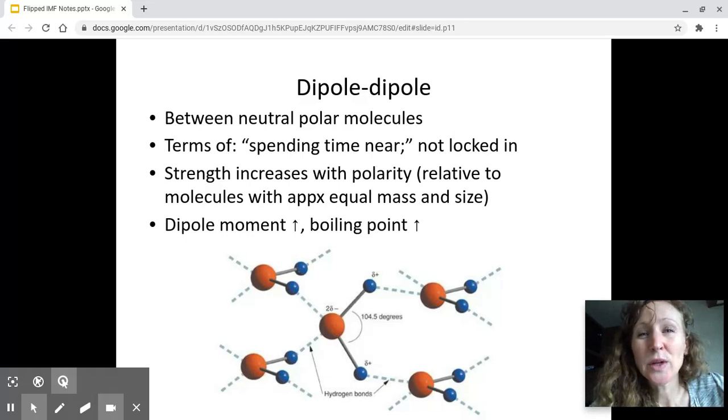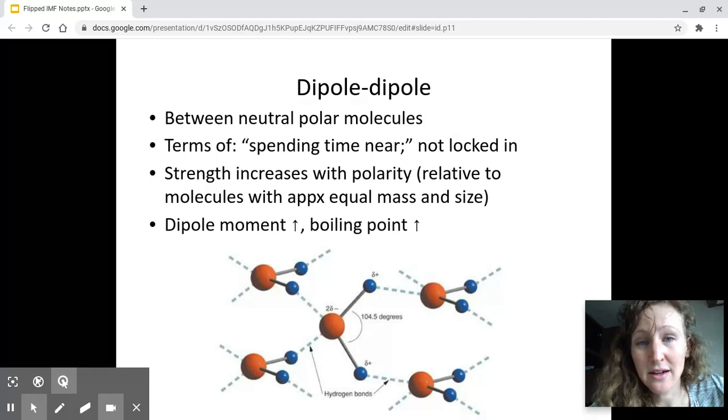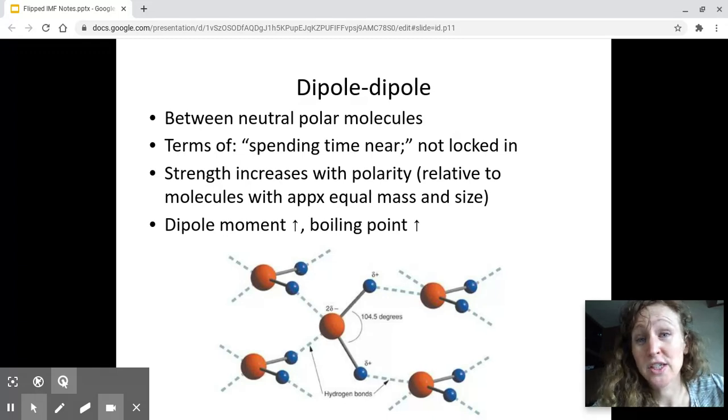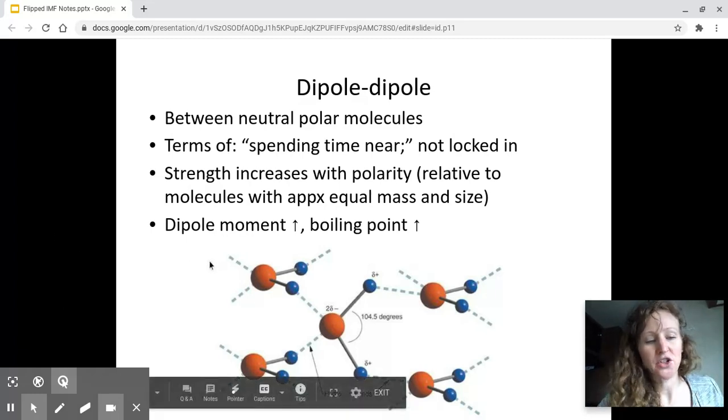As we go through it, remind yourself that this is just a specific, special example of dipole-dipole bonding. It causes some effects that none of the other dipole-dipole intermolecular forces will cause, but it's still just a dipole-dipole intermolecular force.